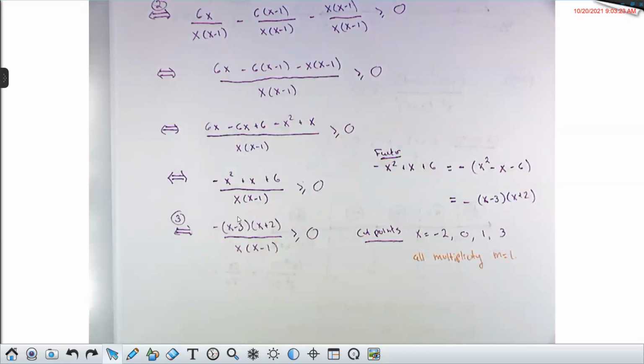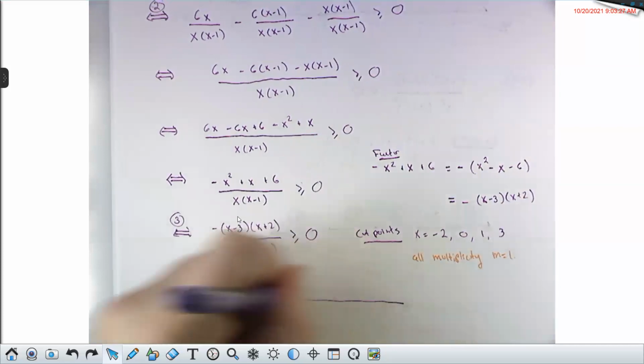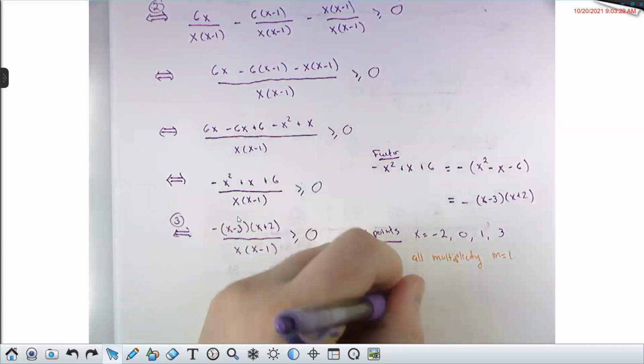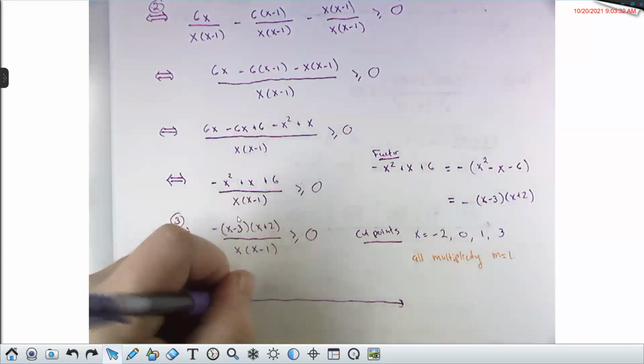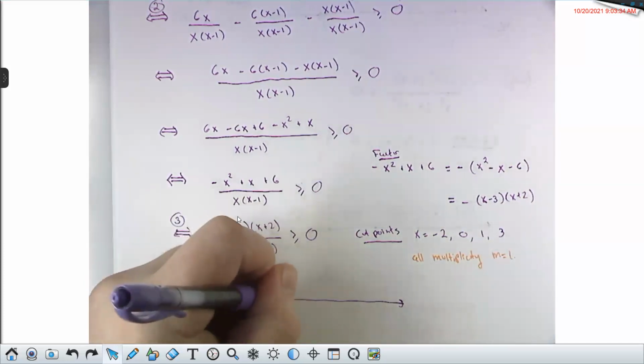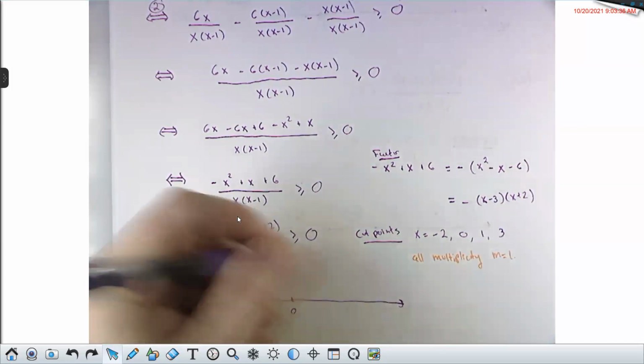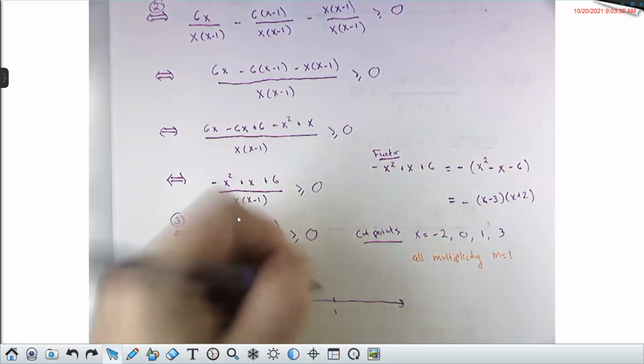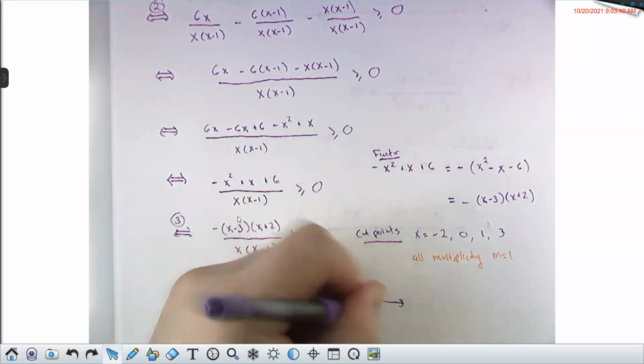Which means as we jump over each of them on the number line, we will change sign. So this one will alternate. There's -2, 0, 1, and here's 3.